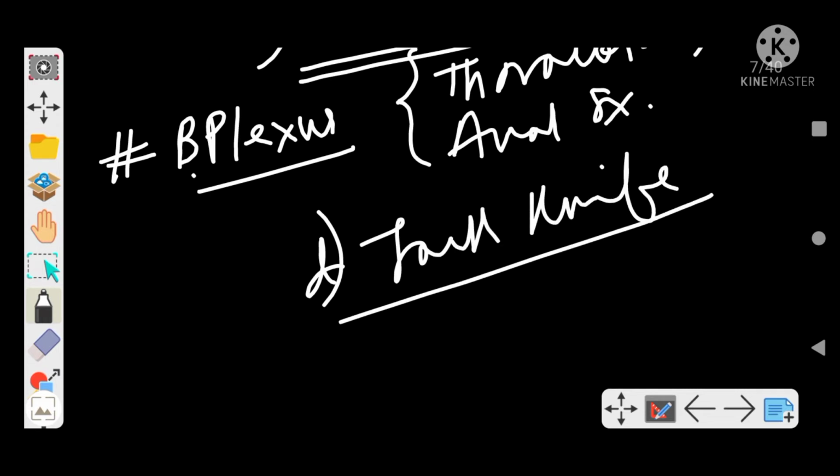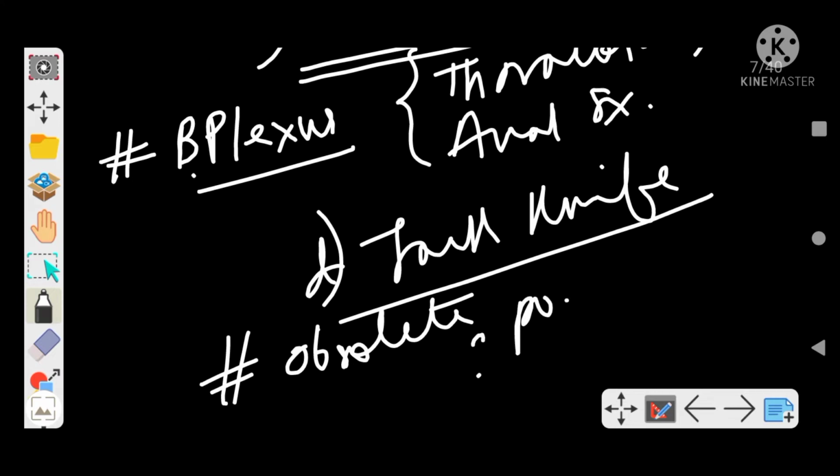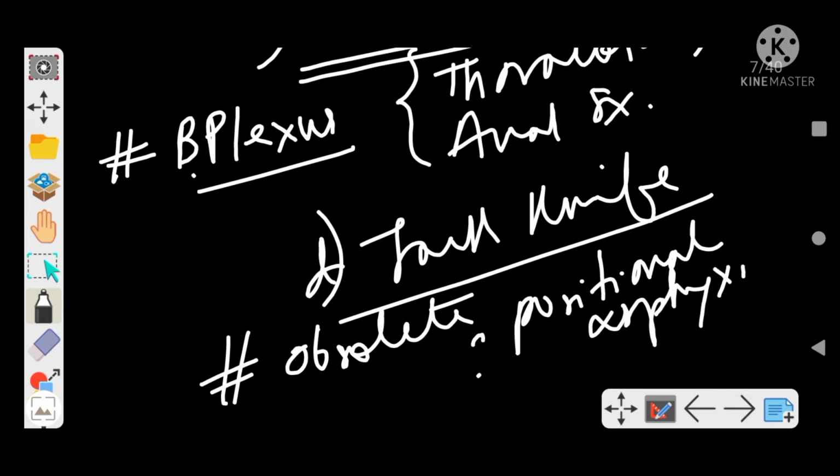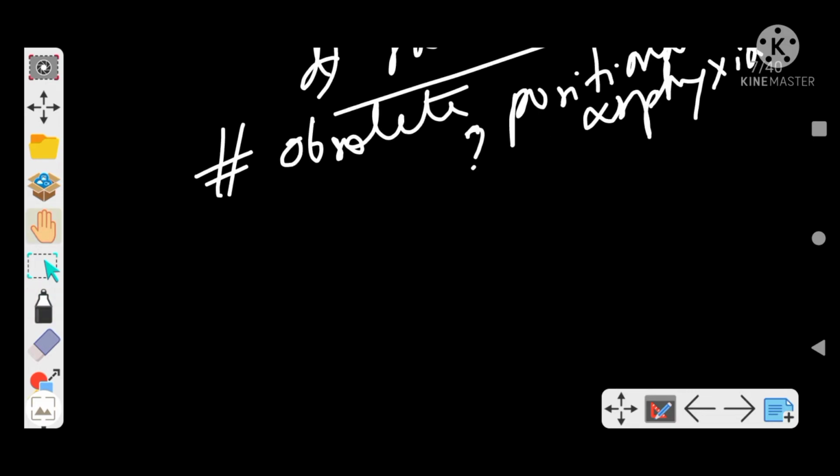Jackknife position, this is obsolete now, right? Obsolete now because this is not performed nowadays because of what? Positional asphyxia has been asked. Positional asphyxia. So this position is not used nowadays.